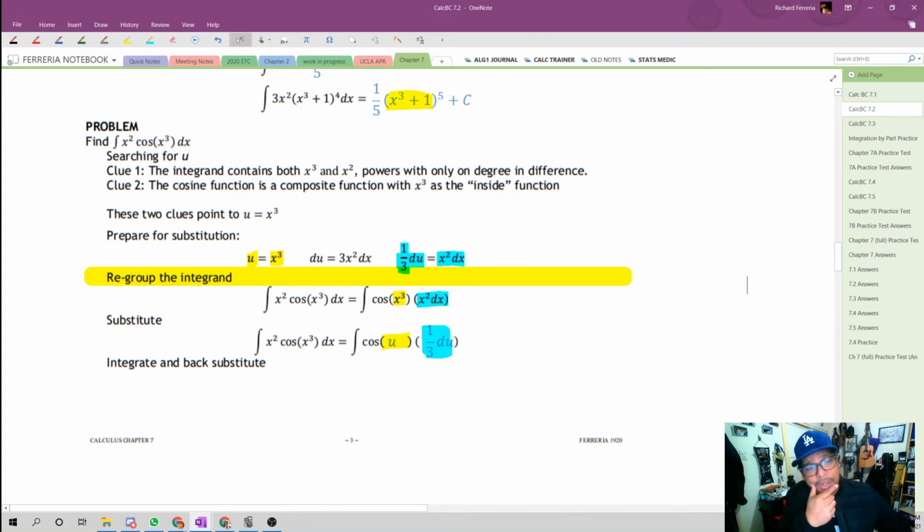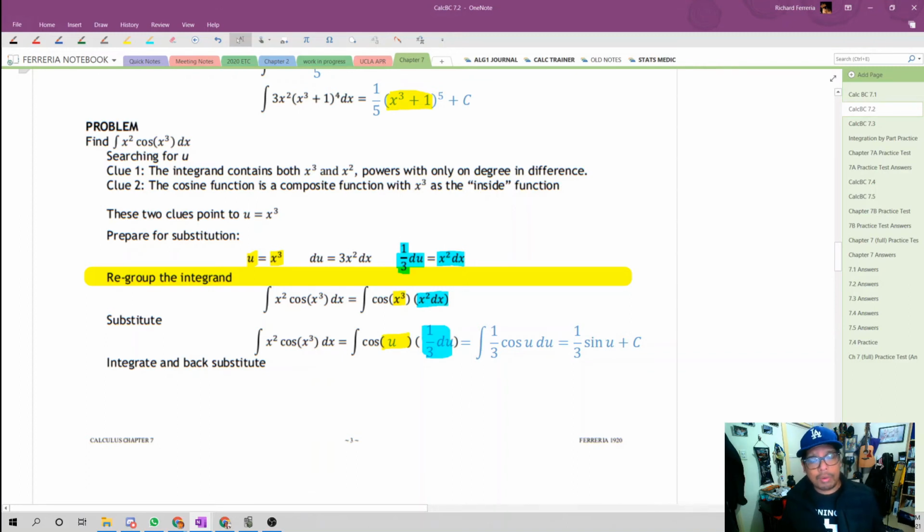This is an easier integrand. All we need to do is simplify it a little bit and then find an antiderivative. So this is the same thing as 1/3 cosine u du. And thinking about it, you probably don't even need to make this step if you're with it. That antiderivative is pretty easy.